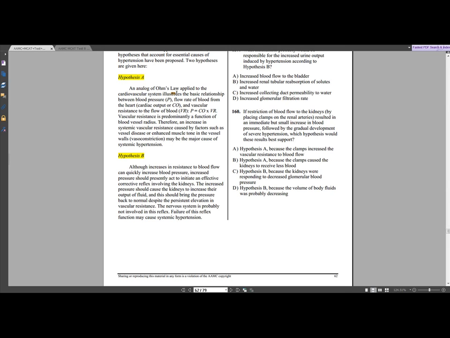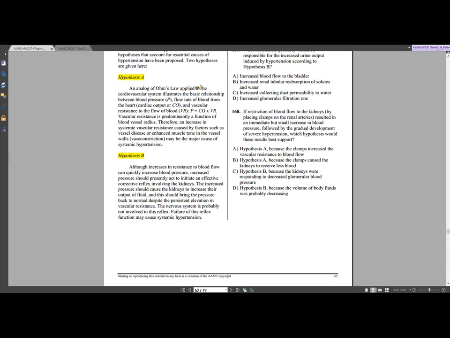I'm gonna try applying some grammar rules maybe, and see if that does anything. An analog of Ohm's law is the subject. Applied would be the verb. To would be a preposition, I think.